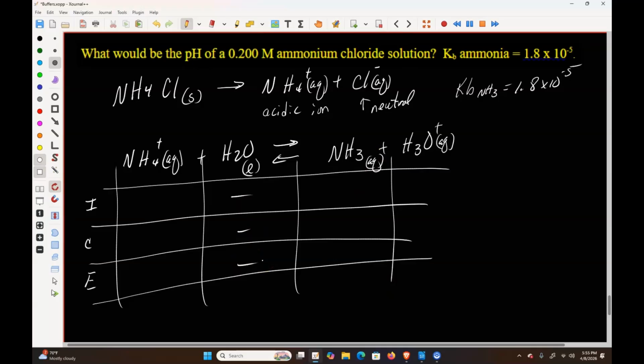Now I don't do anything with the water. The initial concentration of the ammonium will be 0.2, and 0 of these. Minus x, plus x, plus x. 0.2 minus x, x, x.